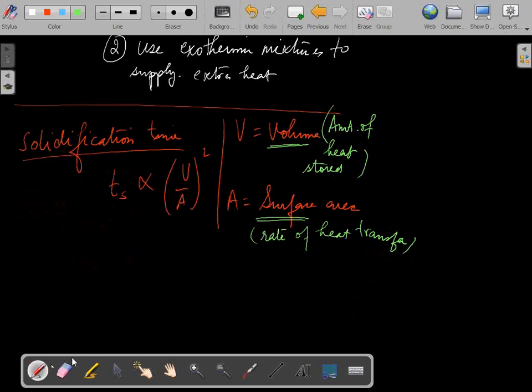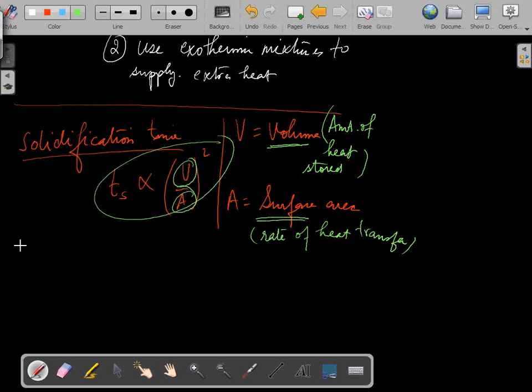Okay, if your volume is high, your amount of heat will be high. This means that your solidification time depends directly upon how much heat you have, and is inversely proportional to the surface area. Okay, so these are two factors which govern the solidification time.